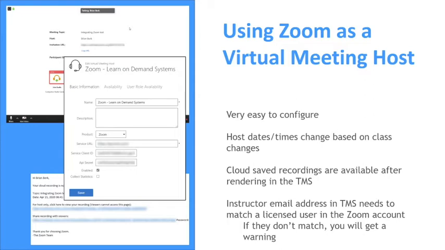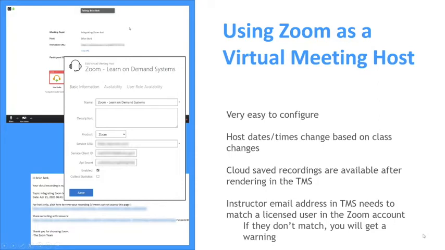If your Zoom implementation does not have that user's email address and match it, it will give you a warning when you attempt to create the class, and it won't actually save the class. All right. So you have to make sure that that exists. You may want to make sure that you're logged into Zoom and make sure that the instructor exists. Once you've confirmed that the instructor exists, you can reuse that instructor account from that point forward.